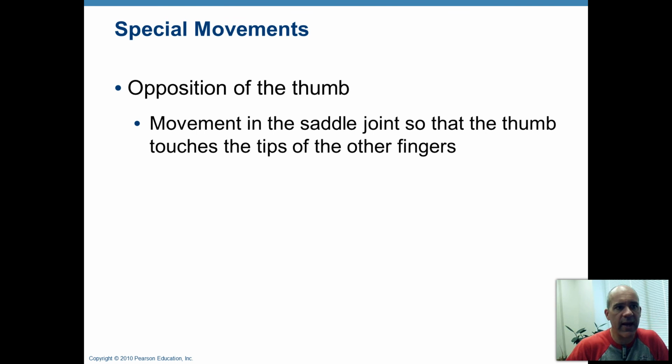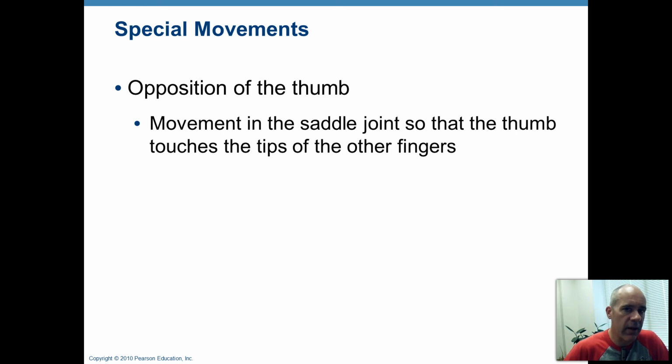All right, one final little movement. We talked about this with the saddle joint that allows you to make opposing movements between your fingers and your thumb like this, and that allows you to grasp things. That gives humans a lot more dexterity with their hands than other types of primates have, and that's called opposition of the thumb.